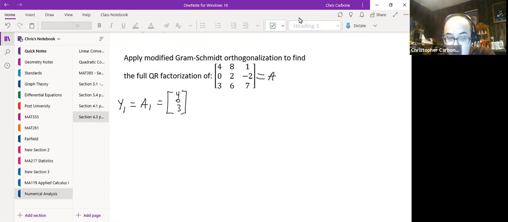The value R sub 1,1 takes the norm of y sub 1. So we square each value, add them up, and take the square root. So 4 squared plus 0 squared plus 3 squared, and we take the square root of that. Turns out you get an answer of 5.